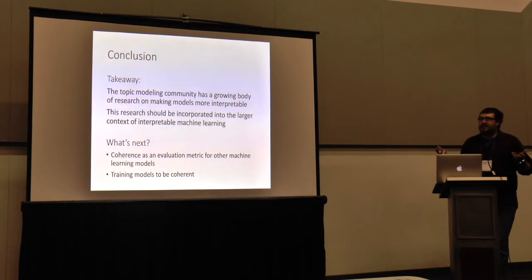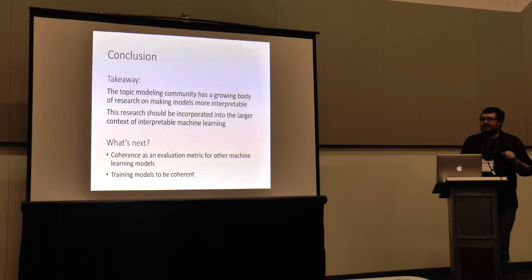So basically the takeaway of my talk is that there is a fairly large body of research on interpretability, specifically within the topic modeling community. And something to think about is how to incorporate this research on interpretability that people have been doing in this community and putting it into a larger machine learning community.